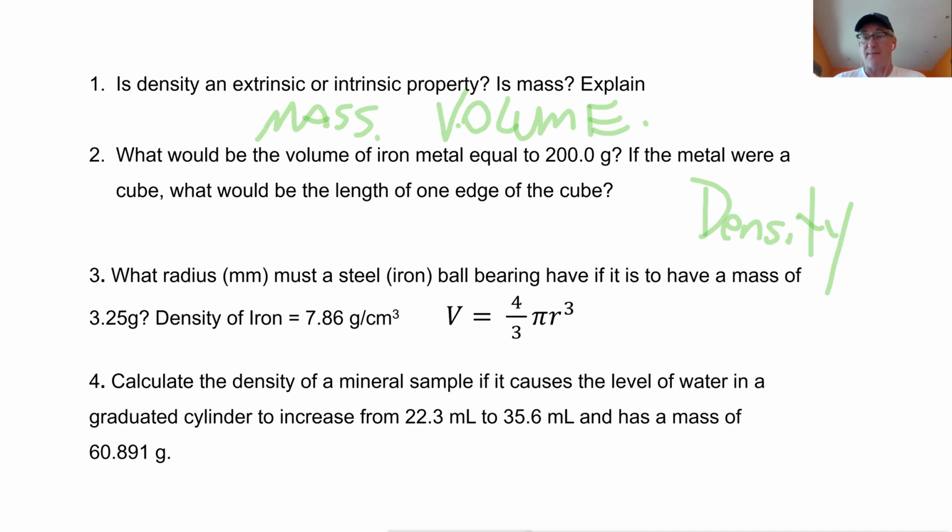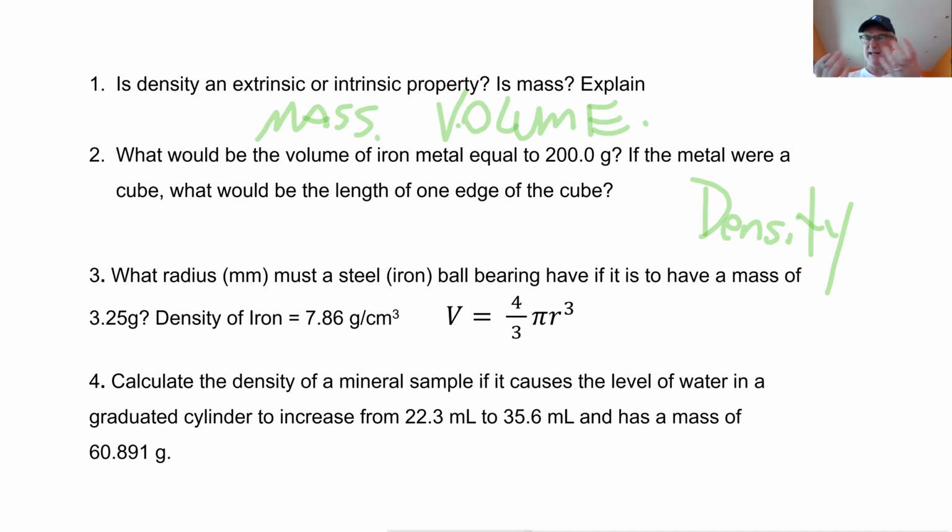Yeah, if you have a gram of aluminum, 10 grams of aluminum, or 10 pounds of aluminum, if it's pure aluminum, the density is always going to be the same. You can actually use density, as we did in this lab, to identify certain things. Copper and brass look fairly similar, because there's copper in brass.